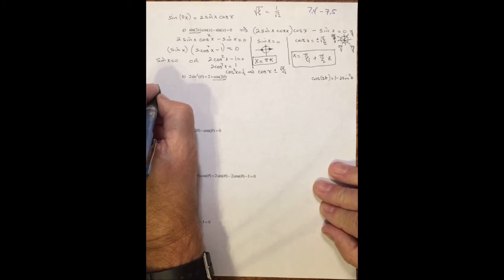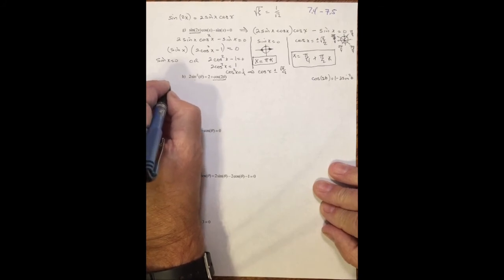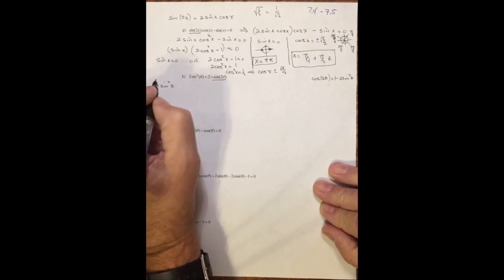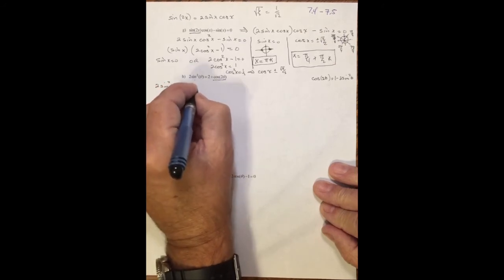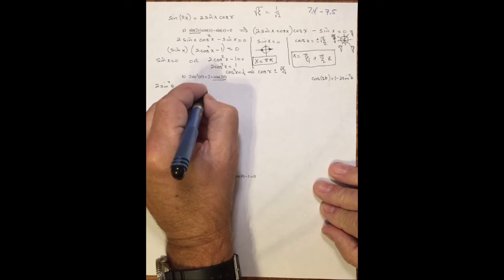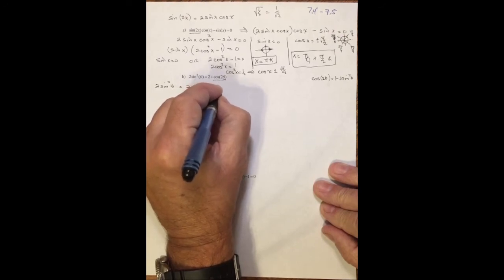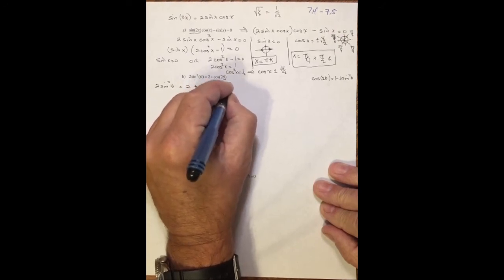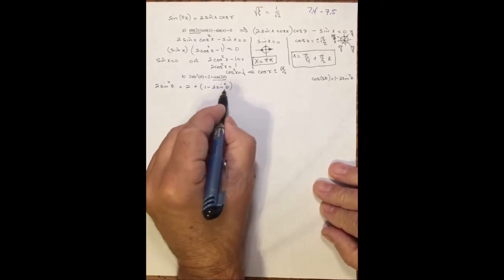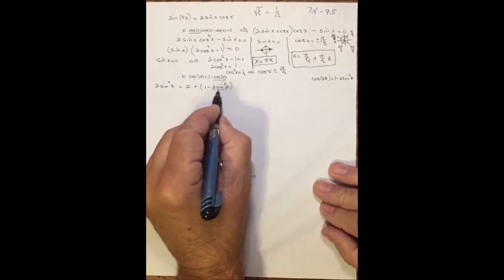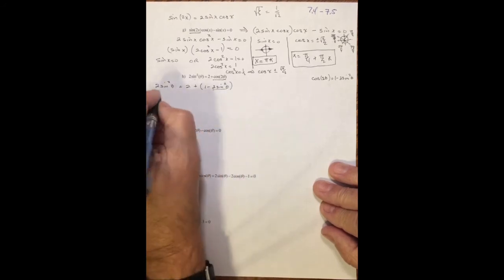That'll give me 2 sine squared theta is equal to 2 plus 1 minus 2 sine squared theta. Now we're going to take this and add it over to here, and that gives us 4 of them.